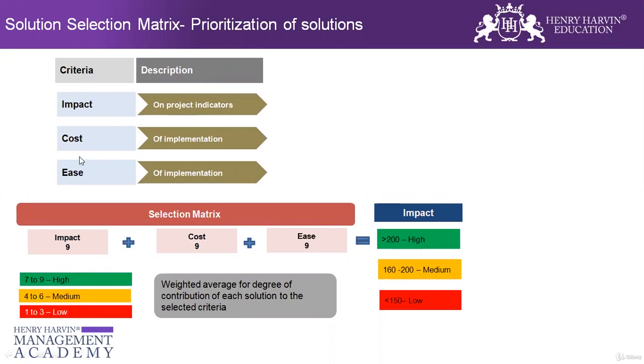Then you can see cost as a criteria. But cost would have a different sort of rating. The lesser the cost it's going to have, the higher rating you will be giving. It's the opposite here, because the lesser the cost, the better it is for the process.